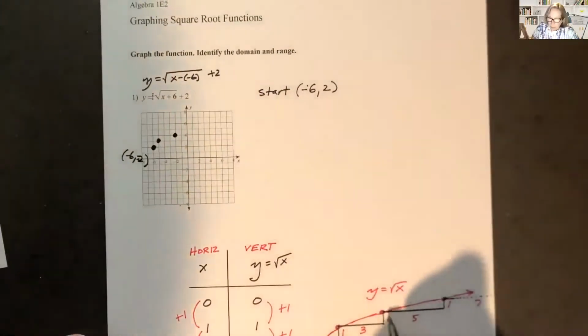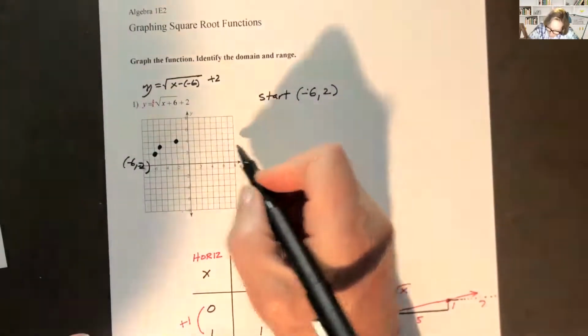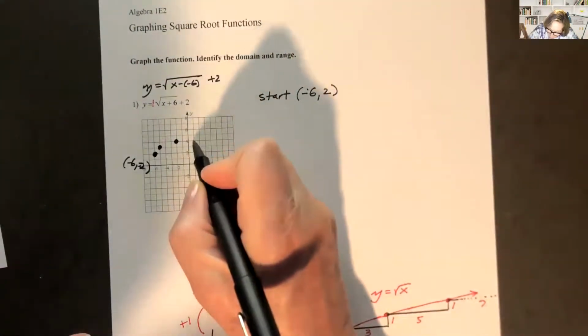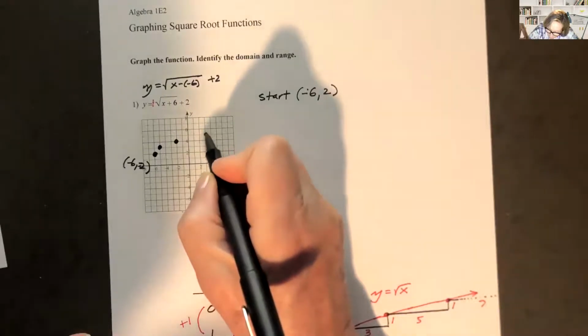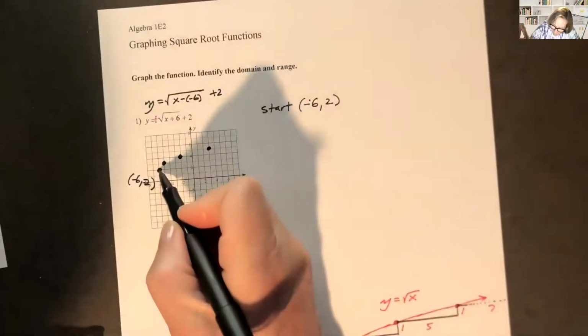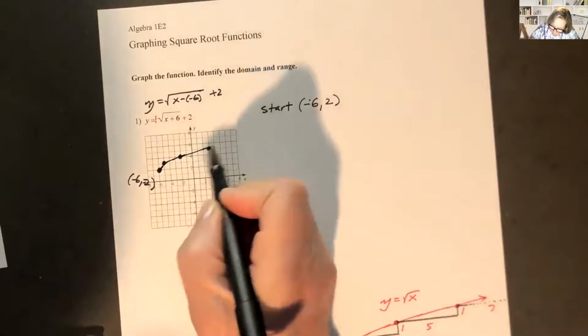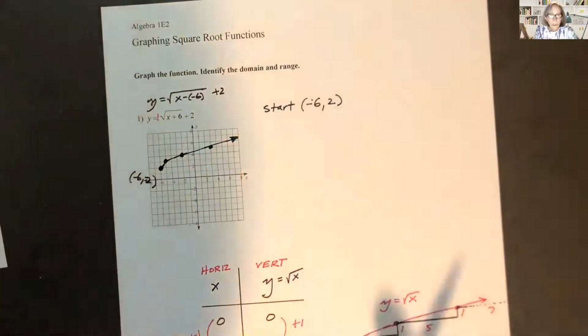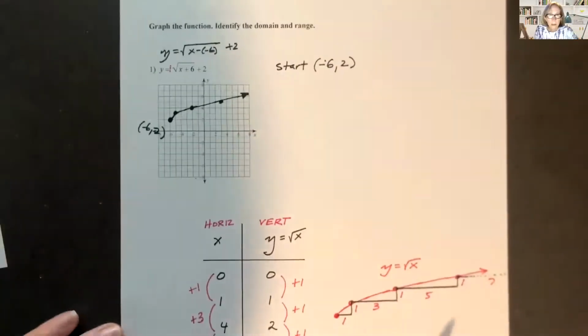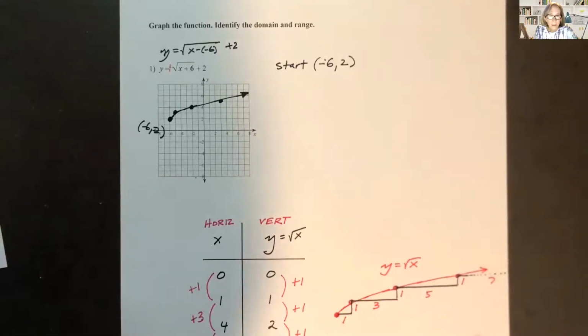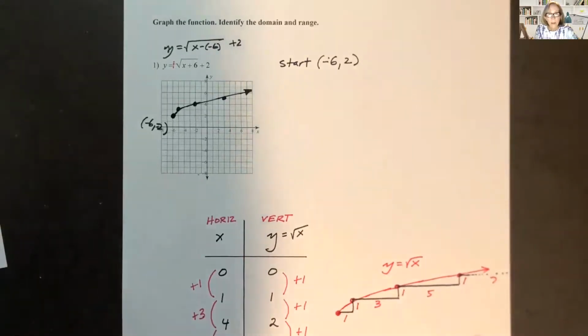And then I'm going to slide 5 to the right and up by 1. So 1, 2, 3, 4, 5 to the right and up by 1. So we get points like this that connect for a nice smooth curve.